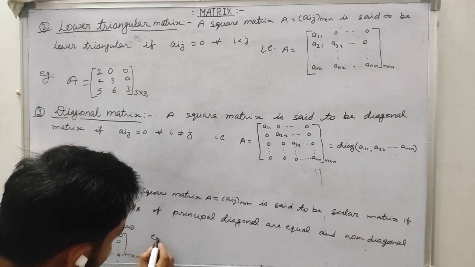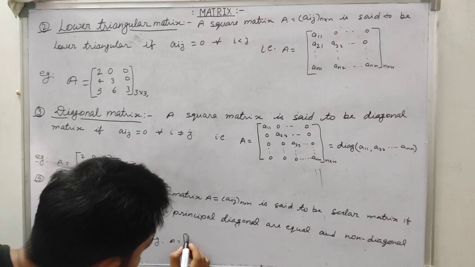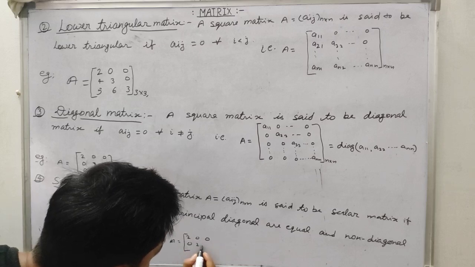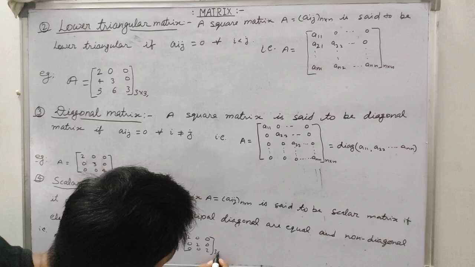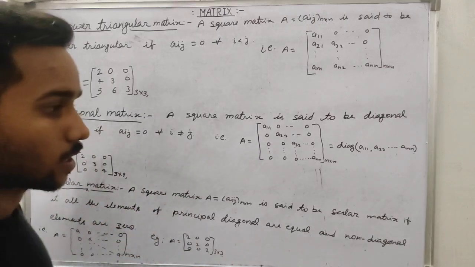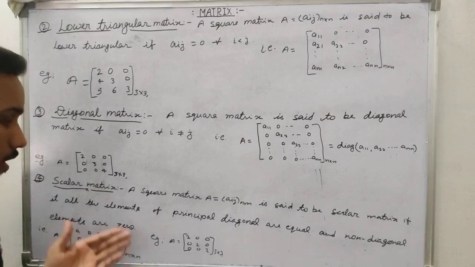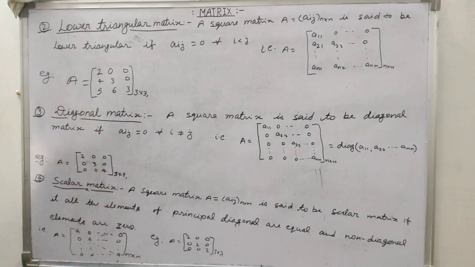Example: A is equal to 2 0 0, 0 2 0, 0 0 2, 3 cross 3. So this is a scalar matrix, diagonal matrix and lower triangular matrix.